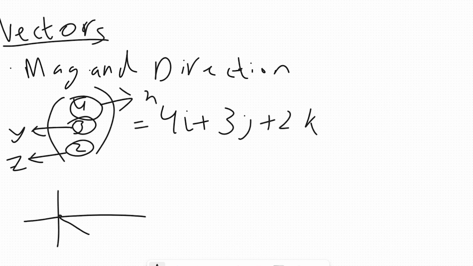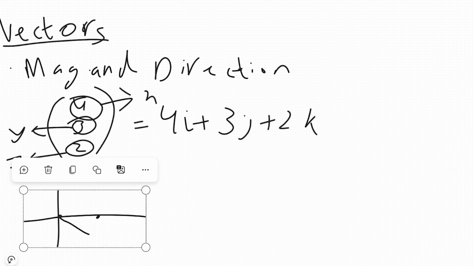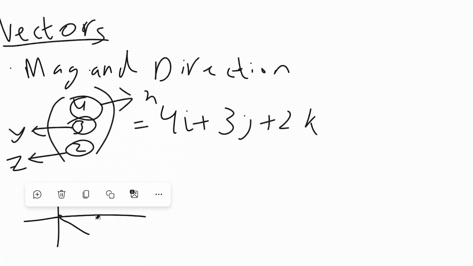Okay, so if we move from 0 0, we go 4 units in the direction of positive x, then we go 3 units upwards in the direction of positive y, and then we go 2 units outside or inside, that depends, and that is our point.